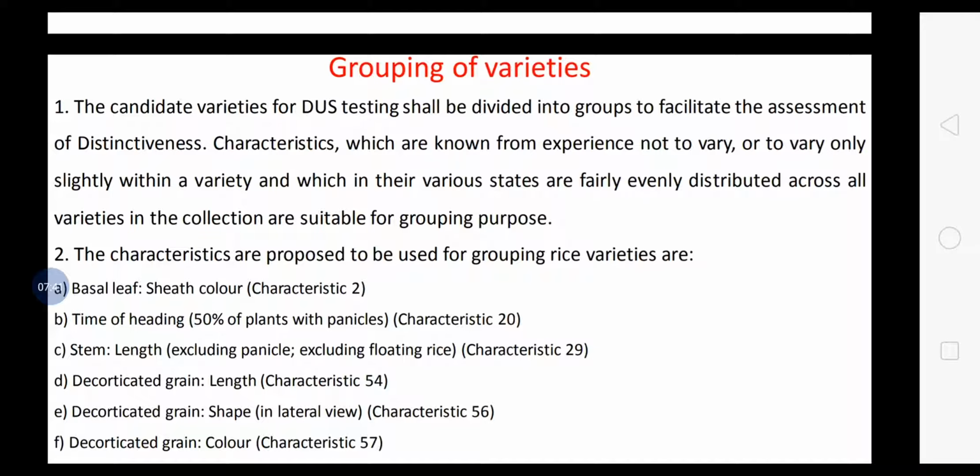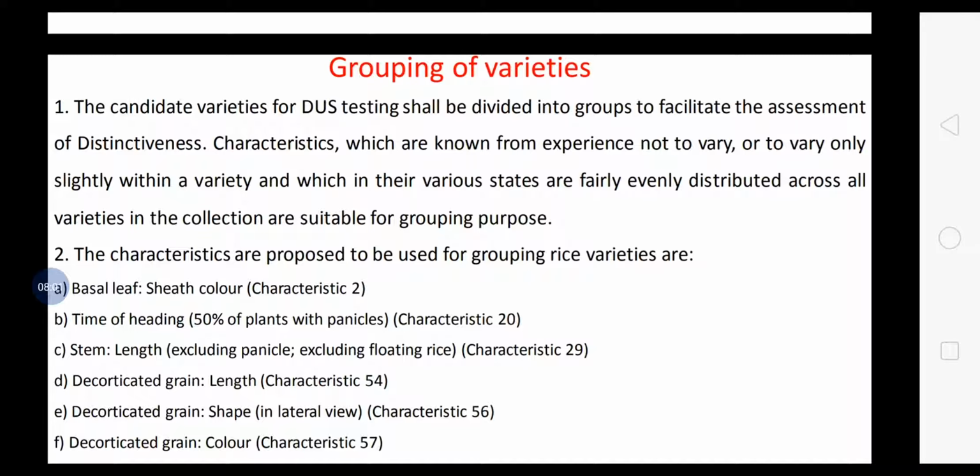How the grouping of varieties is done. The characteristics for grouping of the variety is based on specific characters. Out of 62 characters observed, only specific characters which are specially marked with a star mark are taken for grouping the varieties.